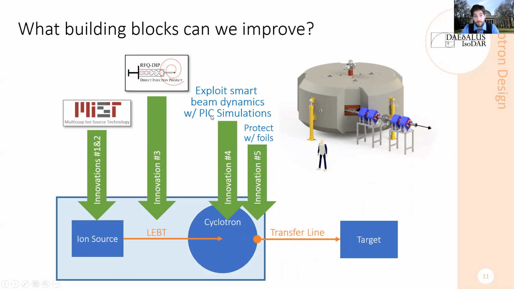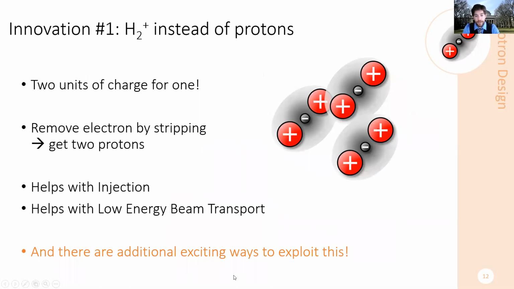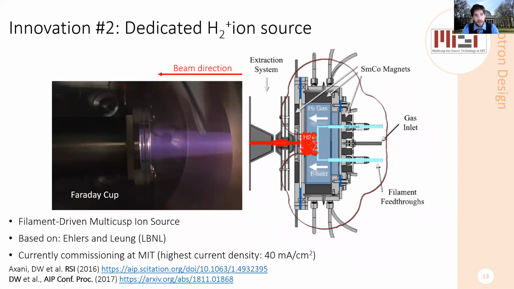That keeps the beam small and enables much cleaner extraction if the cyclotron is designed for it and if we have matched the beam well in the central region. And then finally, we can protect the septum with a foil, which is this additional exciting way, and I'll show this in a bit.